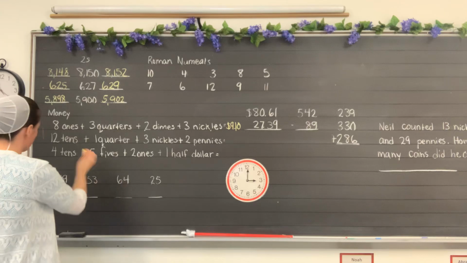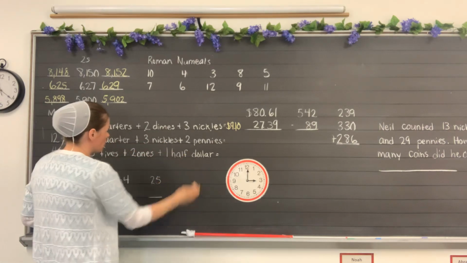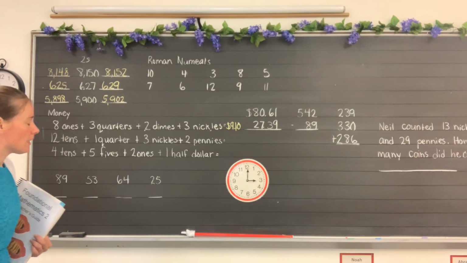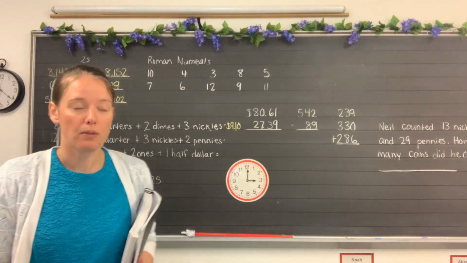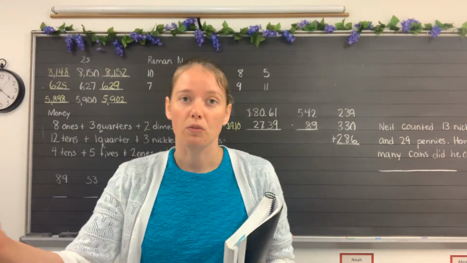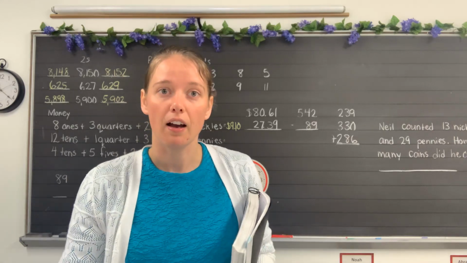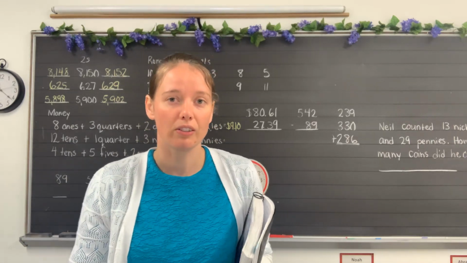And then for this one, we have 12 tens plus 1 quarter plus 3 nickels plus 2 pennies. So think 12 tens. Well, if you remember that 10 tens is $100. Backing up just a little bit, 9 tens is $90, 10 tens is $100.